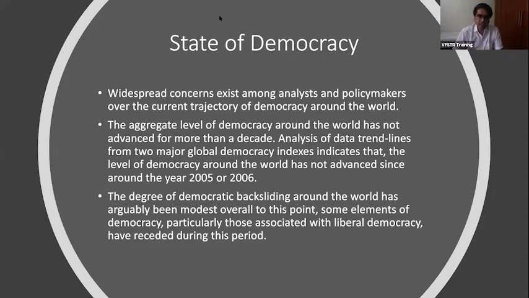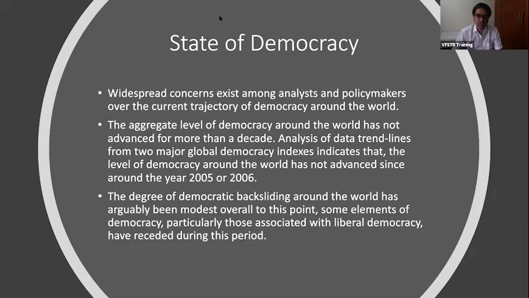The aggregate level of democracy around the world has not advanced in the last decade or so. In fact, the data points out that the level of democracy has not advanced since 2005 or 2006, and we are talking about the two major world democracies.